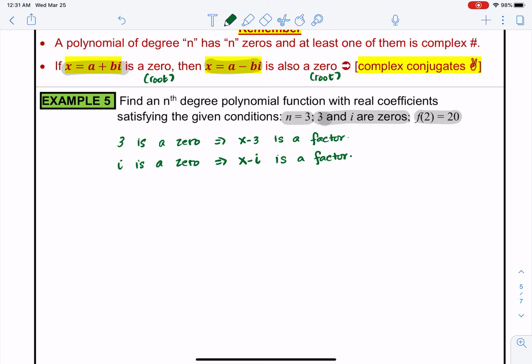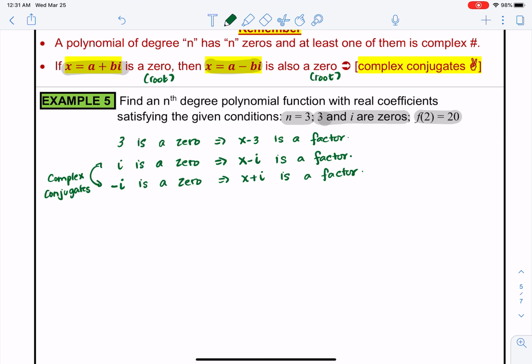Here is the key thing. Since i is complex, its conjugate must also be a zero, since we have plus i; minus i is its conjugate. So those two are complex conjugates. That would mean x plus i is a factor.